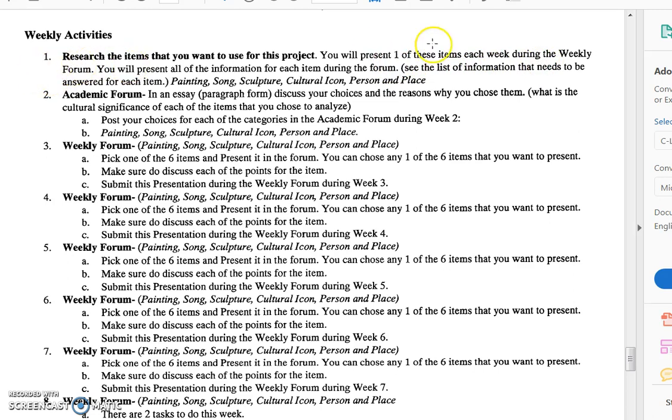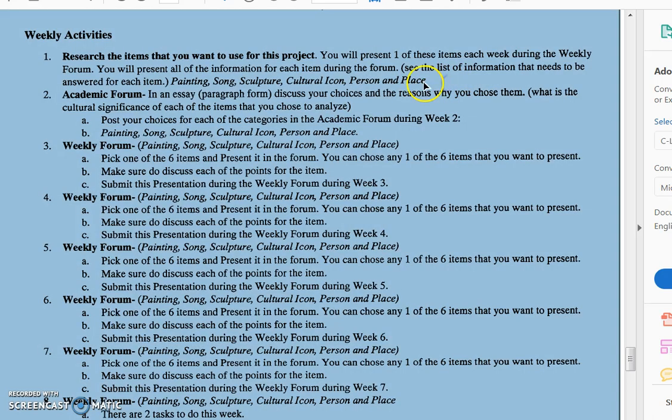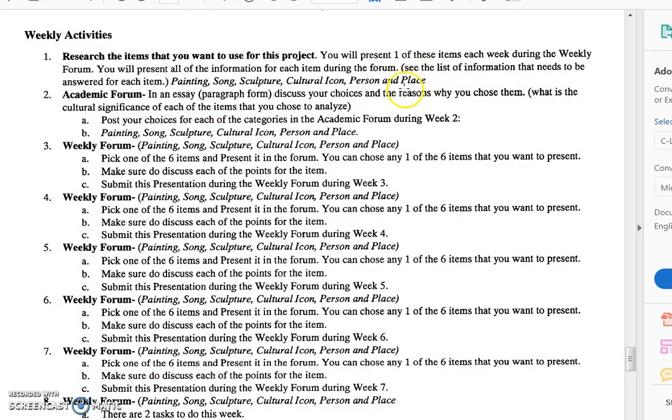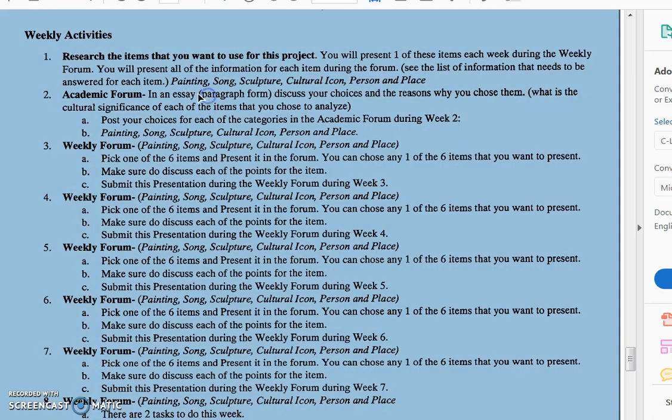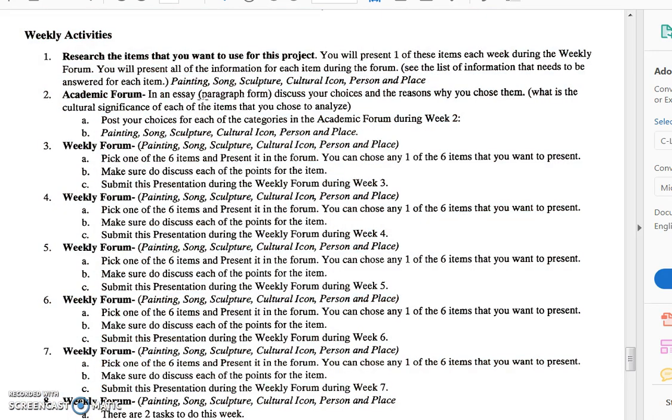For example, you might decide to do a famous place. You're going to look up all the information about that famous place and submit it in our forum for the first task. You can do any of these in any order that you want. It doesn't have to be in this order specifically.